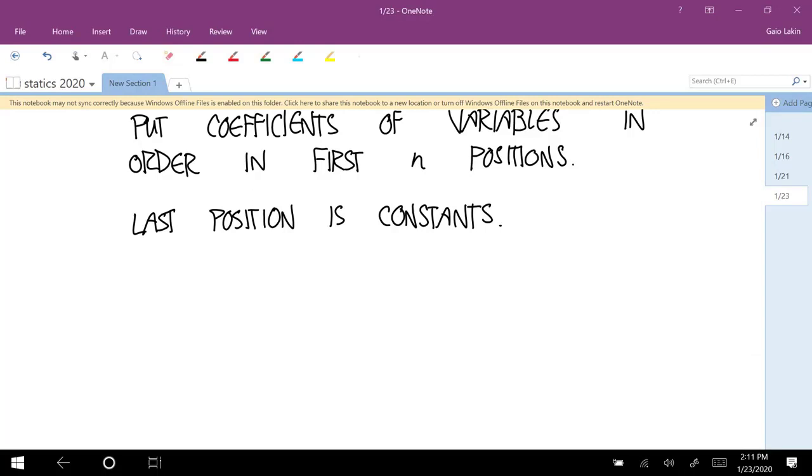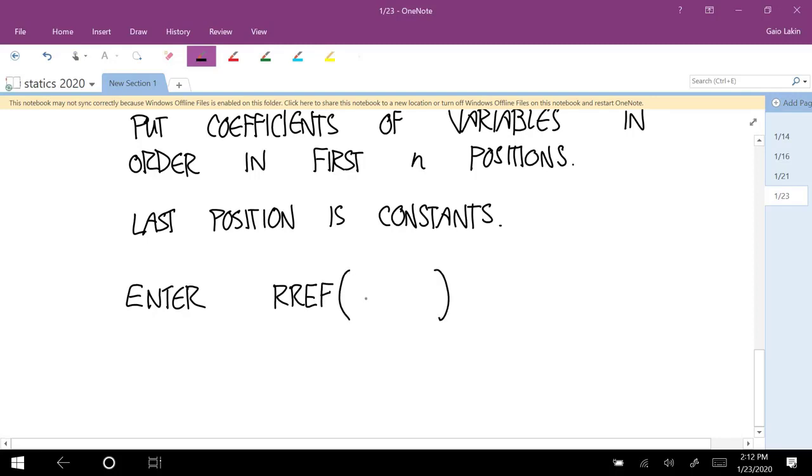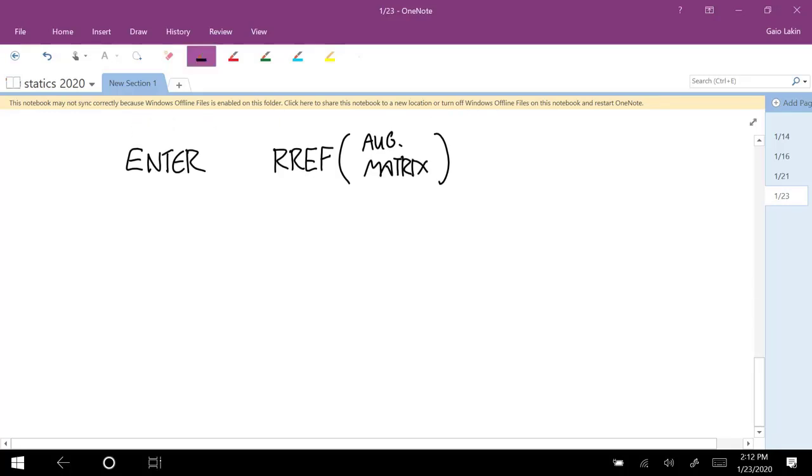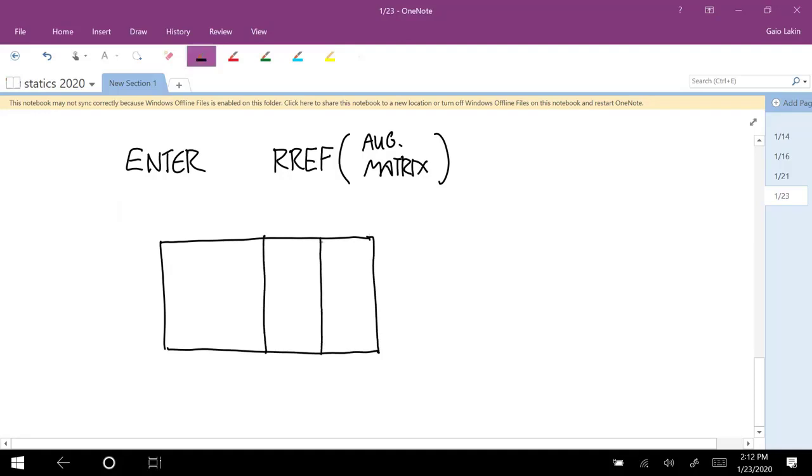Then your calculators, and I think this is true of all the TI calculators, have a function RREF, and you can just run that on your augmented matrix. And it'll give you back a reduced row matrix that looks like this. So it's going to be the same size still.